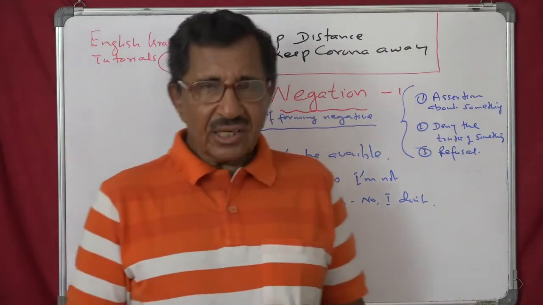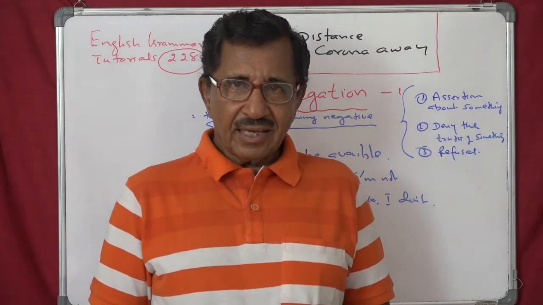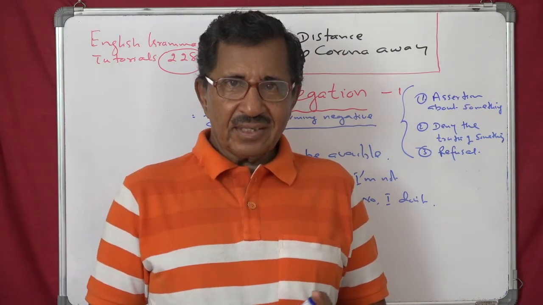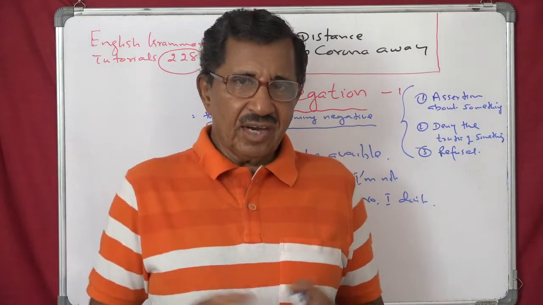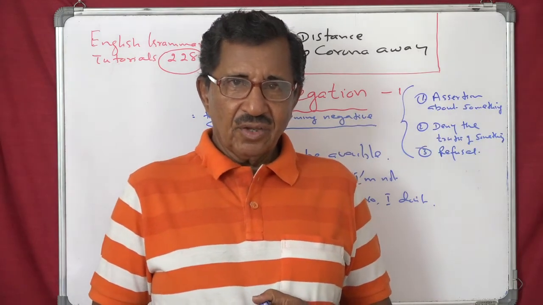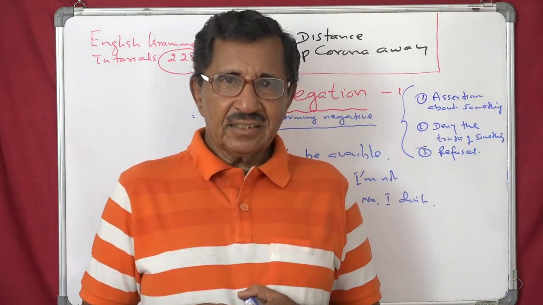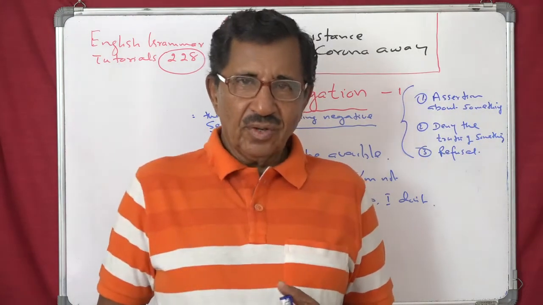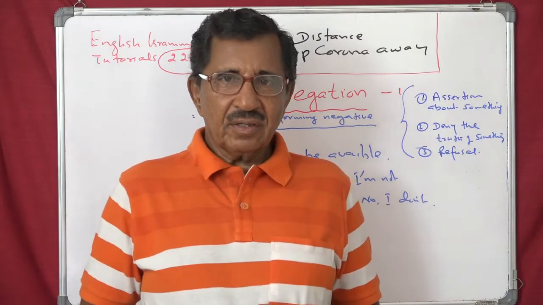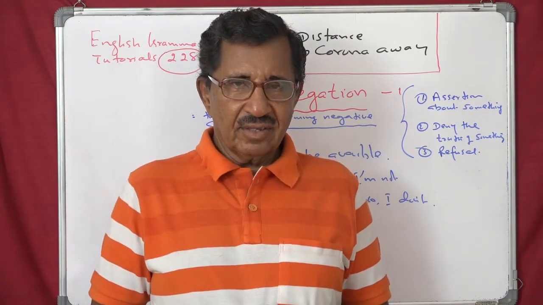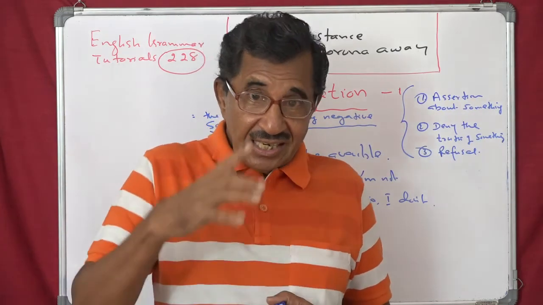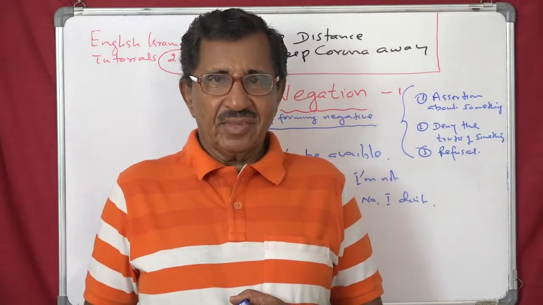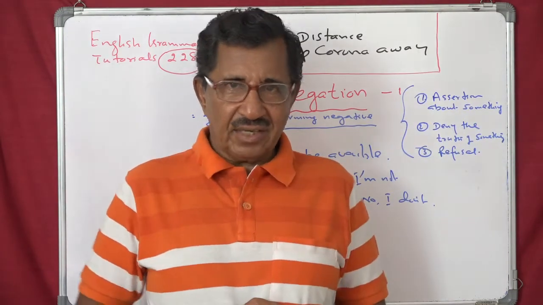You really want to sleep? That is a fact, but the person denies, no, I don't. You want to go for an excursion? Really, the fact is that he wants to go. That is the truth. But I say, no, I don't. So that is denying the truth of something. That is the second function of negation.